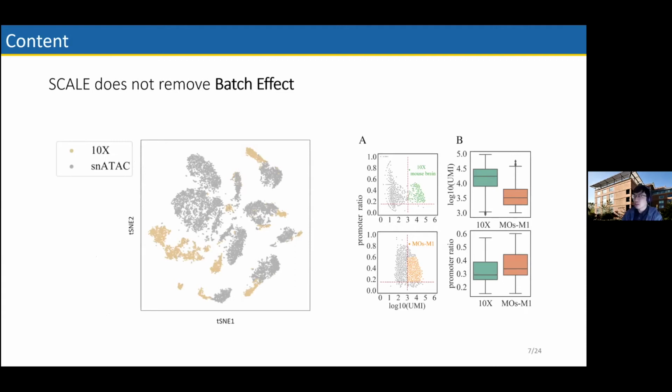Without a specific mechanism dealing with this batch-related confounding factor, when jointly analyzing these two datasets, the clusters reported by SCALE are predominantly driven by the sample effect rather than the true biological states of cells. So this situation is not ideal.